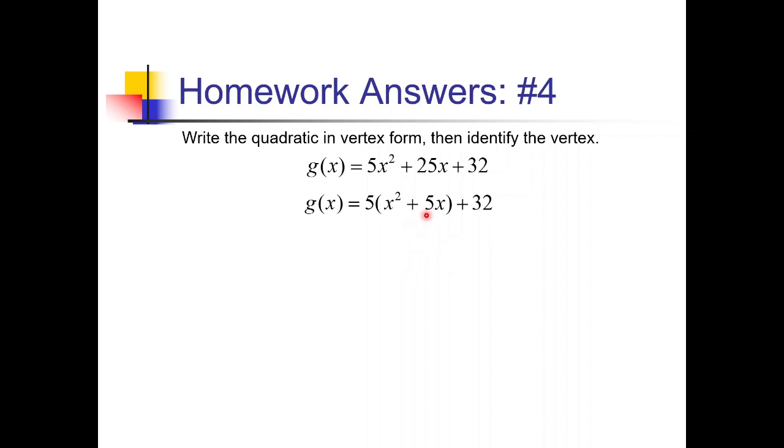Now completing the square here, I have to take half of my b value, half of 5. So I've got 5 over 2 squared that I'm going to be adding in there to complete the square. I also have to add this value over on the left side, but when I do that, this 5 outside the parentheses is actually getting multiplied by the stuff that I just added. So what I have to add on the left side is 5 times 5 halves squared.